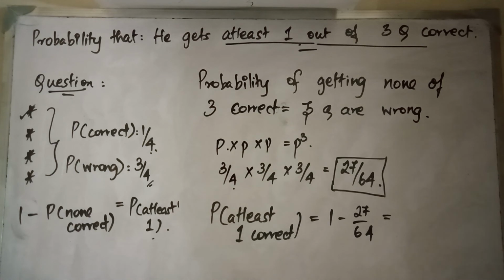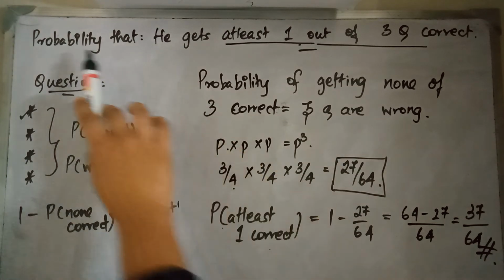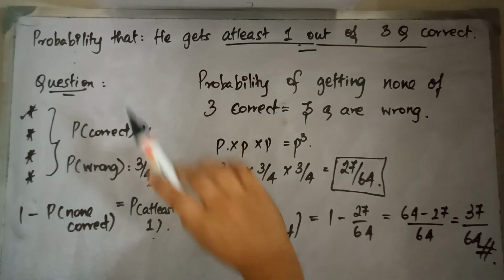And this will give me 64 minus 27, which is 37 by 64. Now this is the probability of getting at least one question correct. And the probability of getting at least one question correct means it's the probability that he goes on to the next level.